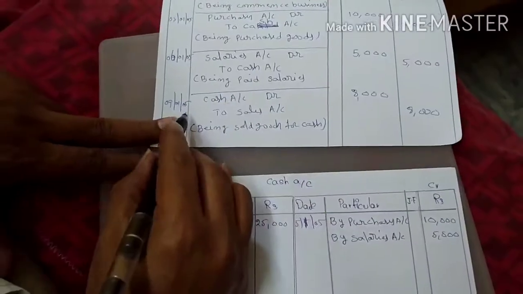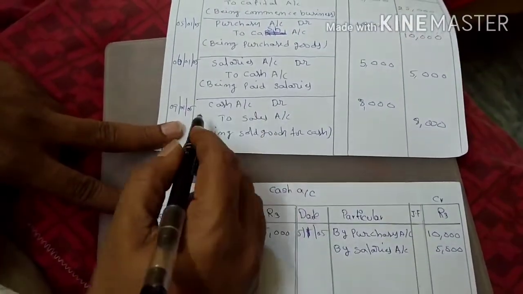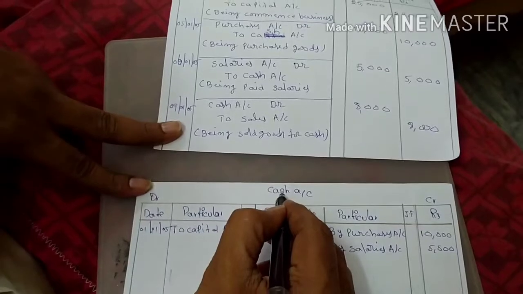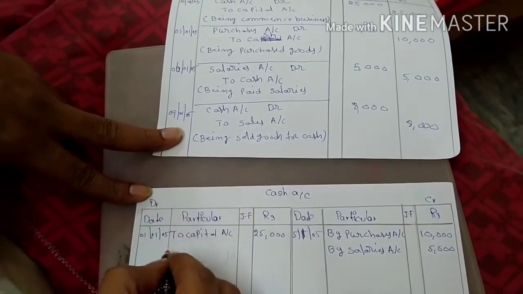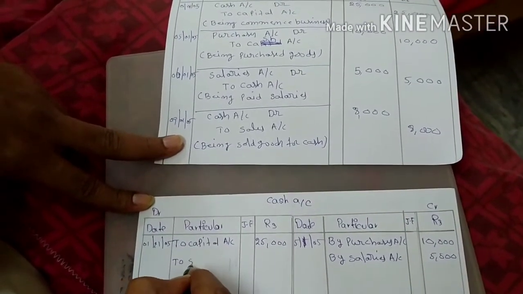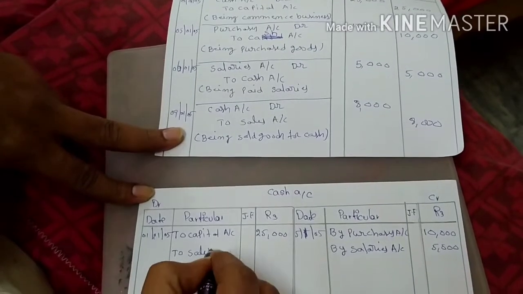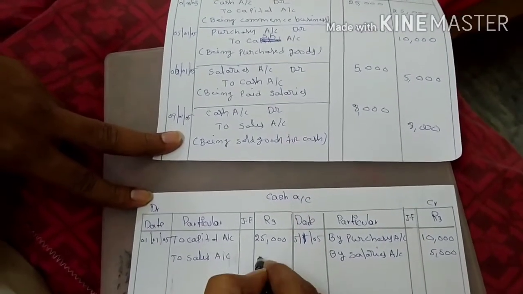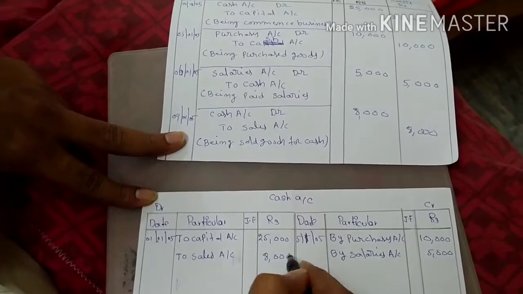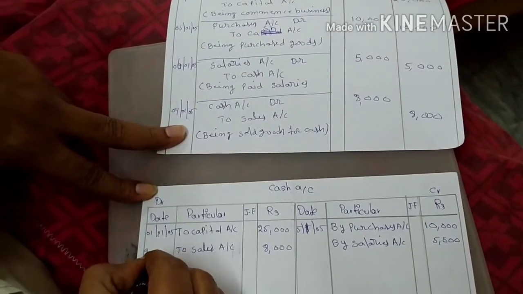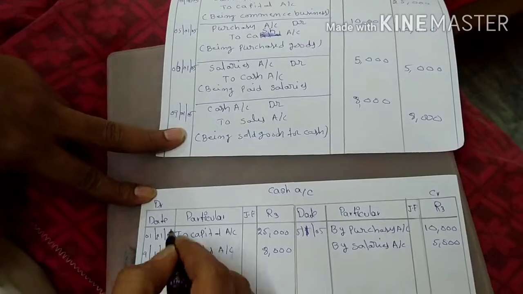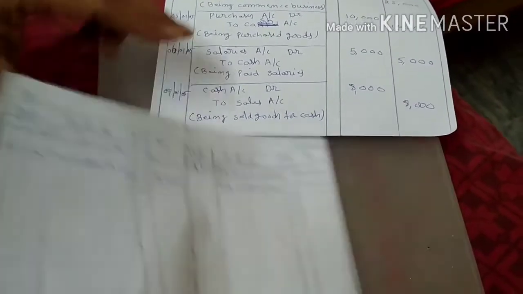In the ninth transaction, cash account debtor to sales account, that is 8,000, date 9/1/2005.